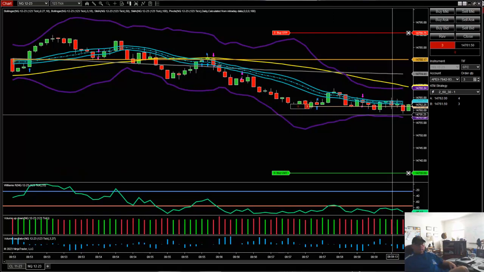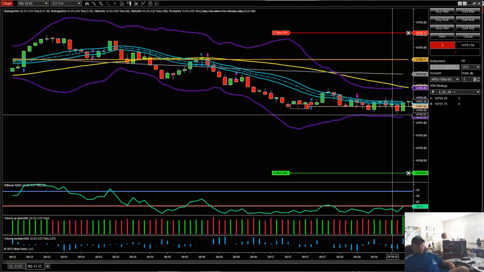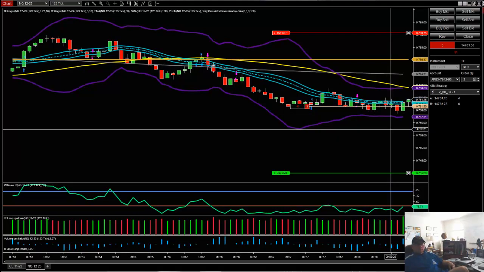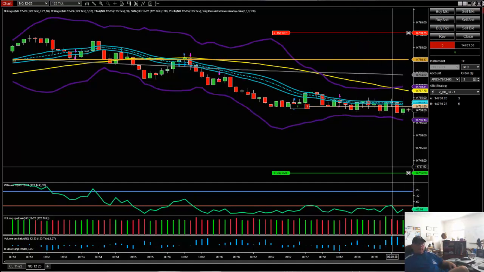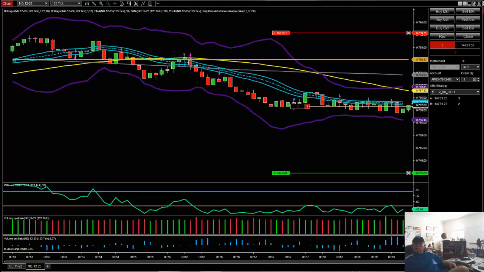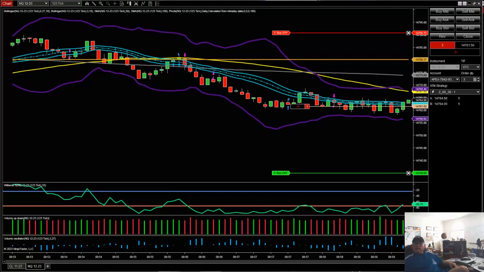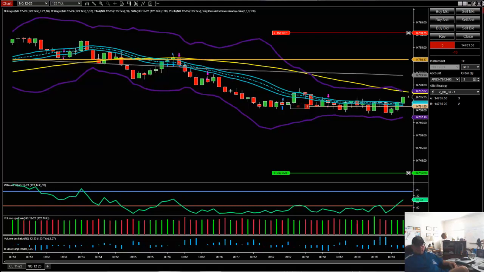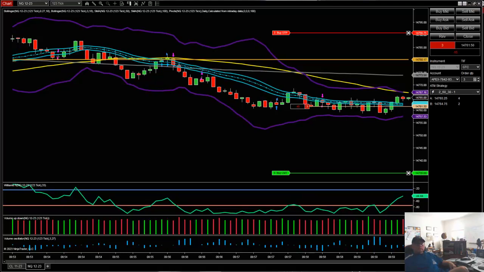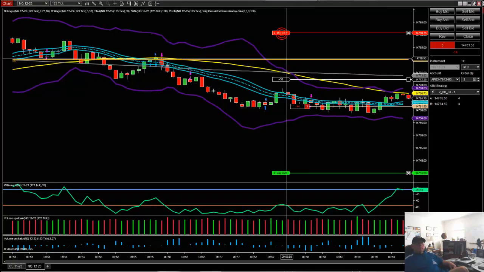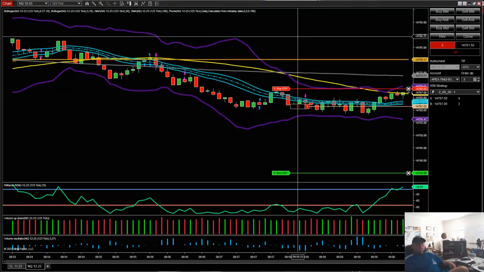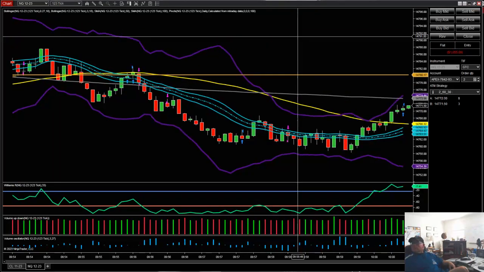Looking for a breakthrough here. Looking for it to break through here. Come down. Make new lows. Lows below 750. Stop filled.